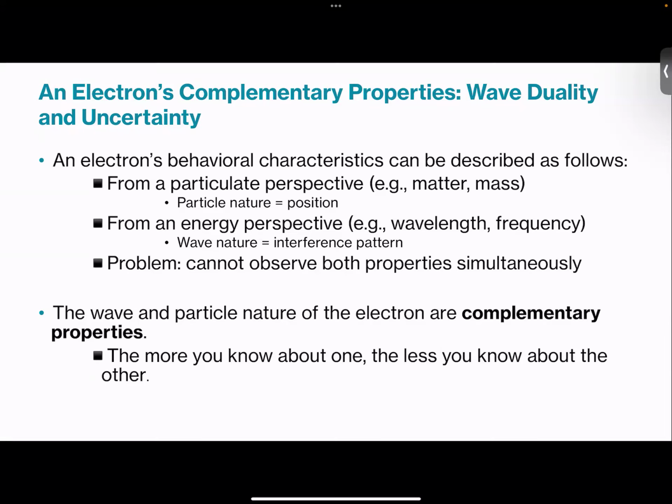Now, if you'll recall, I made a point of saying in lab that the electronic structure, the behavior of the electron, determines how an atom behaves. Well, if we can't know both pieces at the same time, how can we figure out the electronic structure? That is where Schrodinger comes into play.